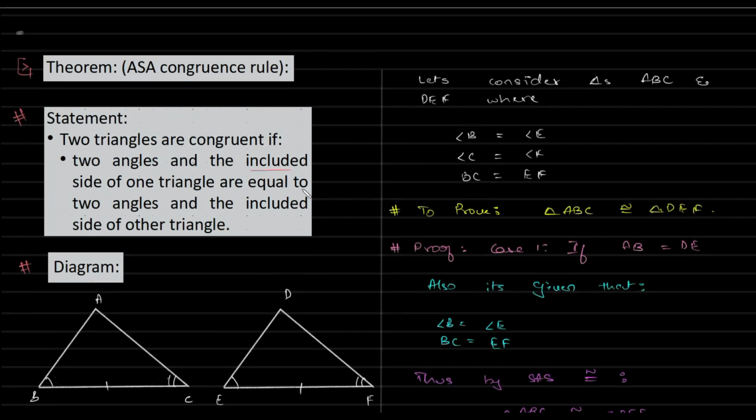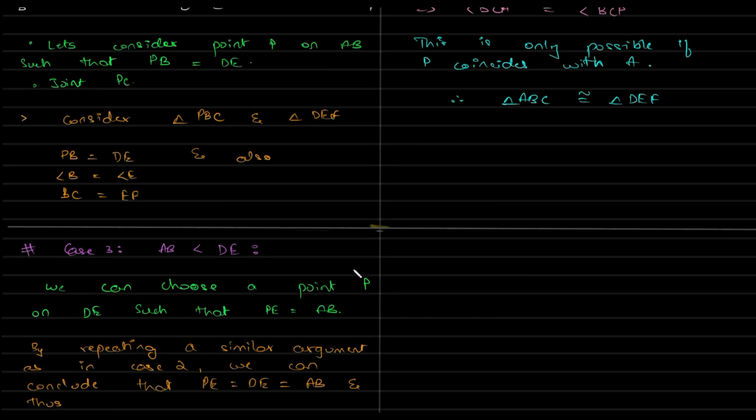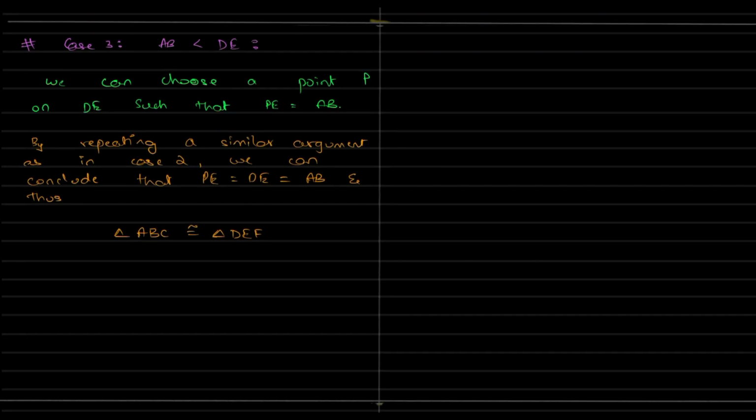So I'll repeat the entire thing. So we are looking at ASA congruency. The congruency tells that if you have angle, included side and an angle being equal between two triangles, then they are congruent.